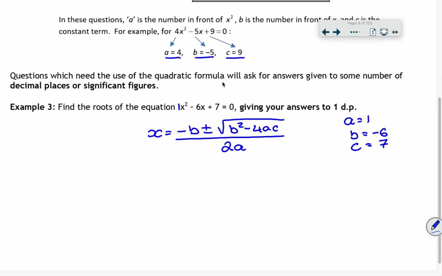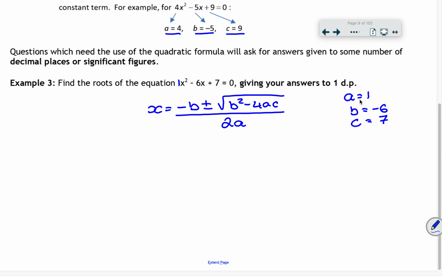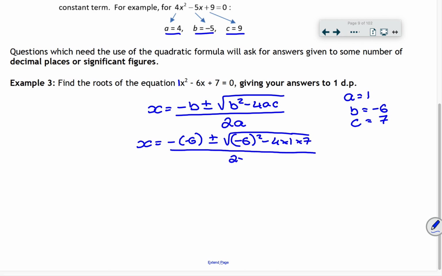You just have to know when to use it. So I'm going to take these values and put them into the formula. So that means that x is equal to minus b, so that's going to be minus minus 6 plus or minus the square root of minus 6 squared minus 4 times 1 times 7, all over 2 times 1.